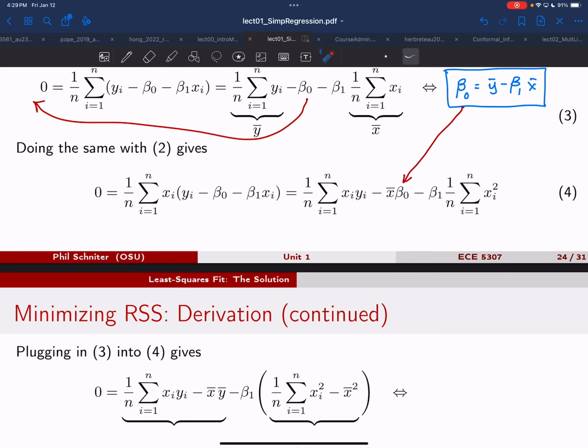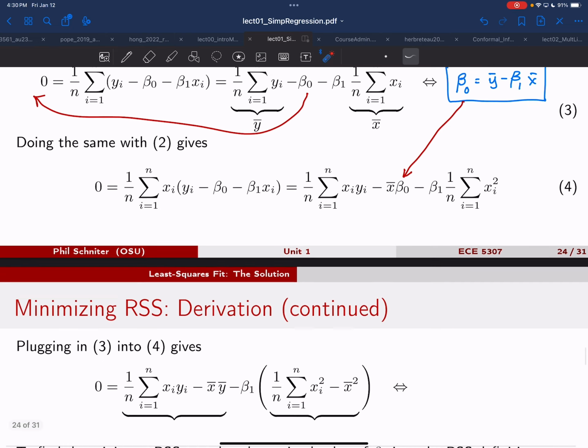We have the first term remaining the same, but now I'm going to have a minus x bar y bar here. And then we're going to have a minus x bar times minus beta 1 x bar. And so I'm actually going to group that inside this beta 1 expression over here. And then the last term is what we had there.